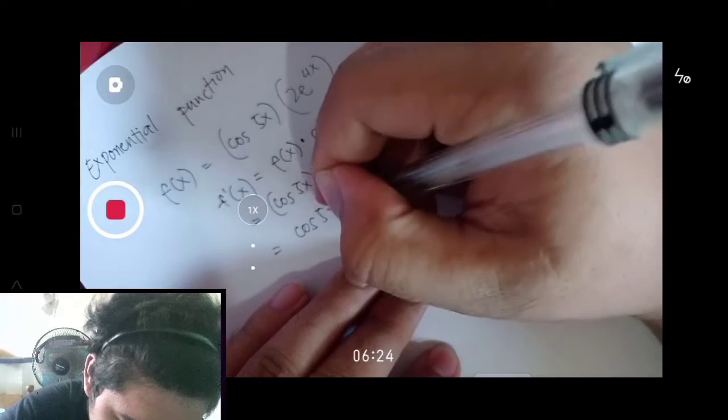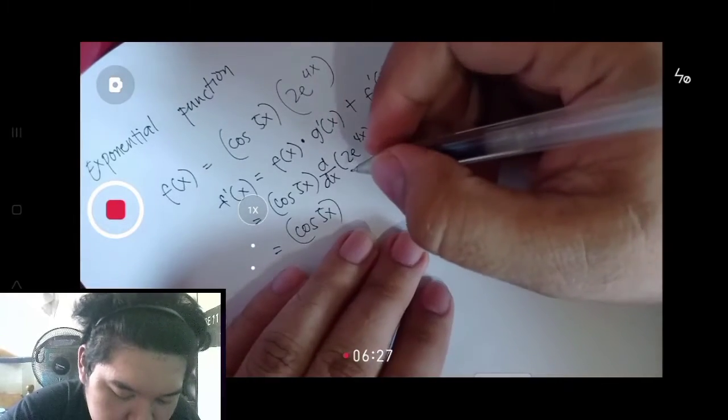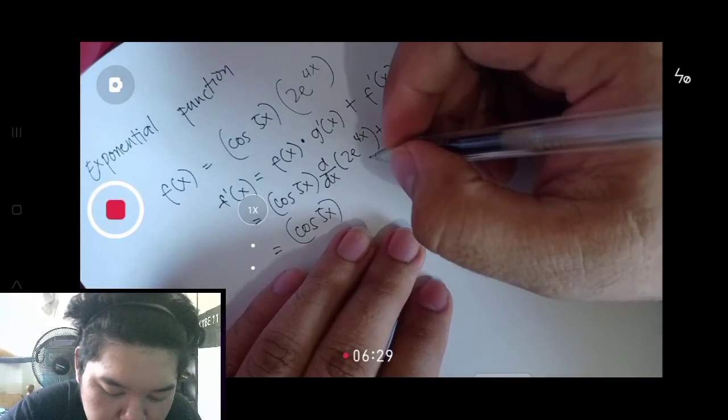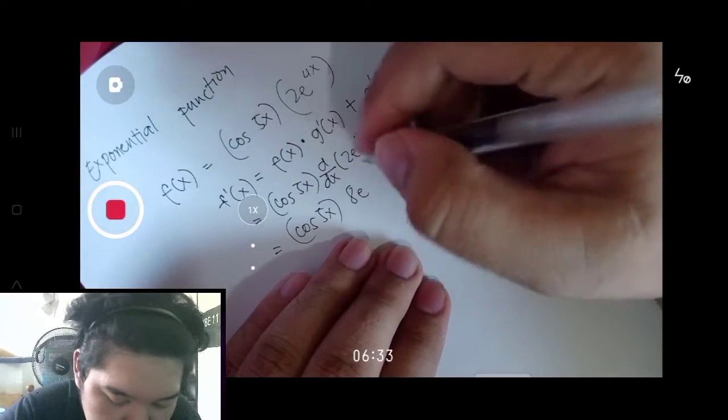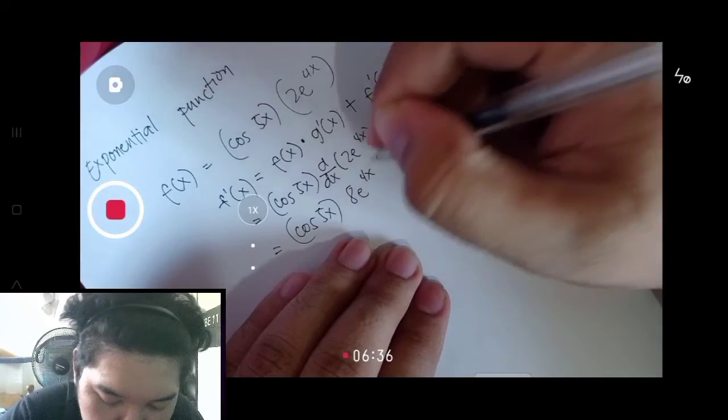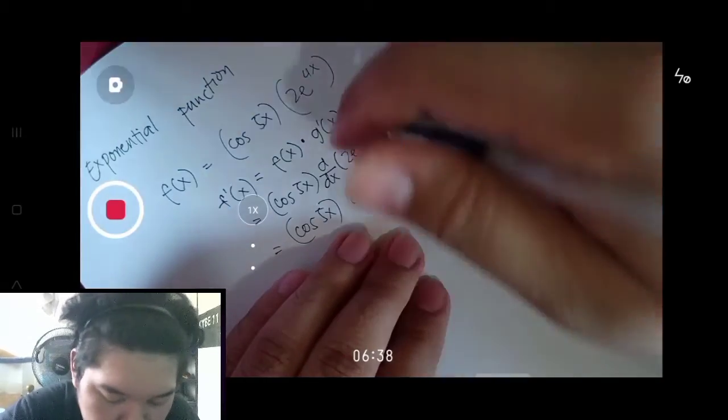So we write cosine 5x. What is the derivative of 2e raised to 4x? It is 8e raised to 4x.